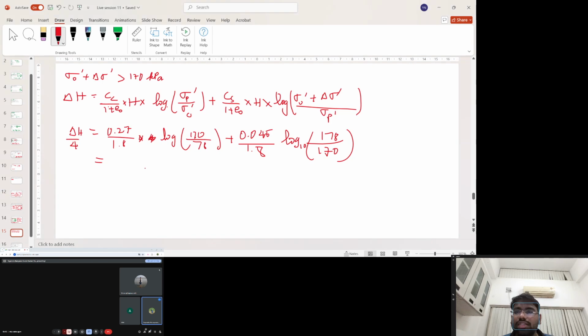Yeah, this will be Cs actually, because this is the over-consolidated portion. So you just make a correction here. This will be 0.27, and this will be 0.045. Then the answer is 4.53 centimeter.